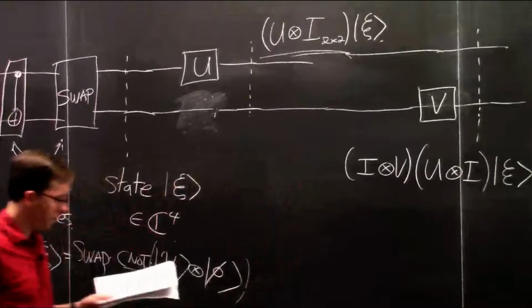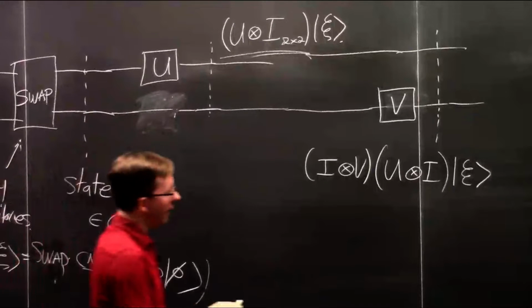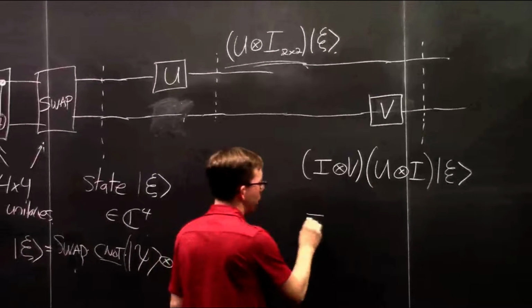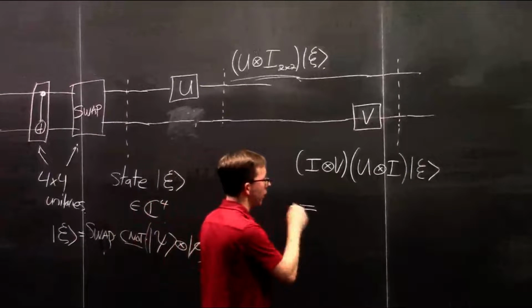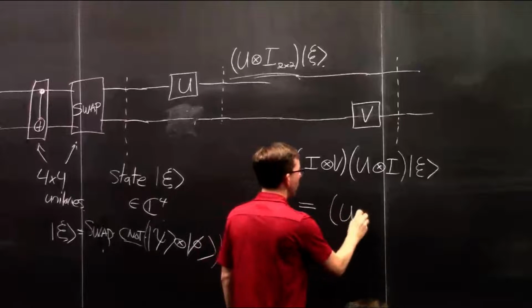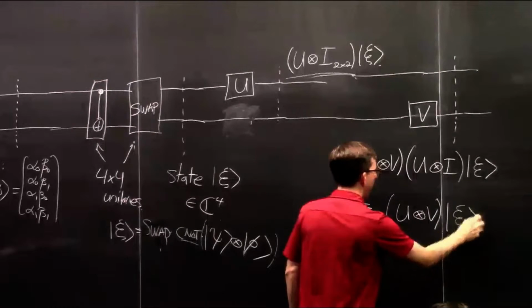That would be the new state. And one thing that we checked last time is that this is equal to, by the laws of linear algebra, if you go to the definitions, U tensor V applied to psi.